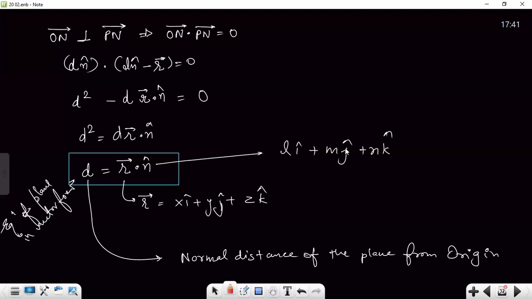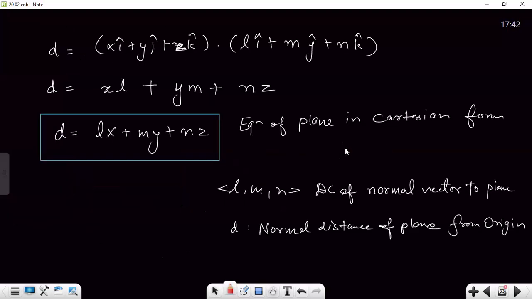So the equation of the plane comes out as d equals r vector dot n cap. n cap is the unit normal vector, or the normal unit vector, to the plane from the origin. It is the equation of the plane in Cartesian form.